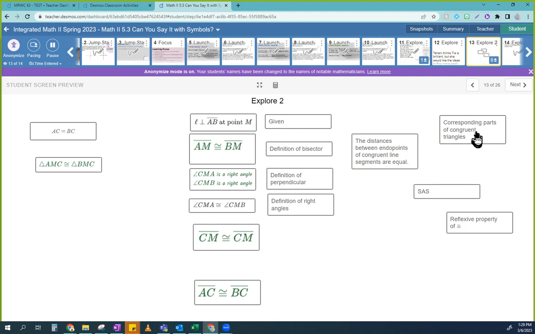I will tell you right now, we will use this one after we prove these triangles are congruent. This one says corresponding parts of congruent triangles. Do we have congruent triangles? No. So this one's going to be later down here. Does that make sense? Okay, what comes next? So it's not that one.